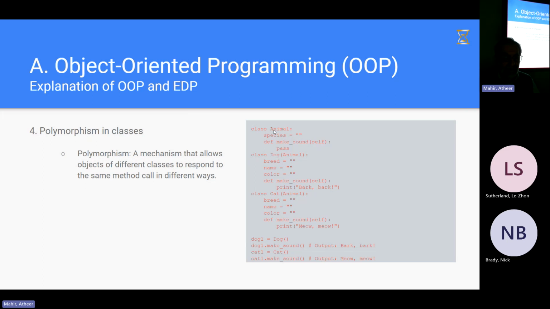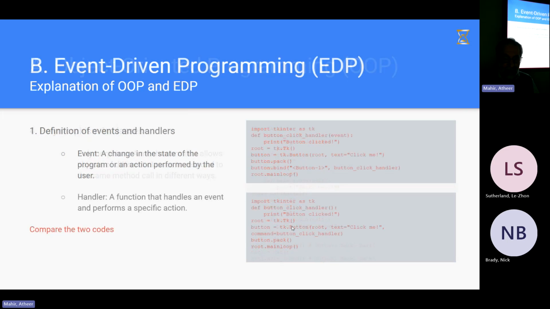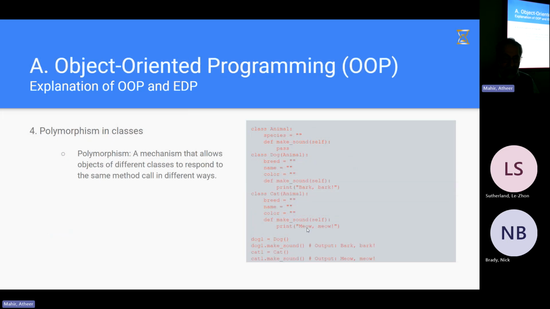I said class Animal, class Dog from Animal, and then class Cat from Animal, because dog and cat are animals, right? So I am using almost the same values, and when you go to the sound, it's going to be meow, meow. This is the cat one, okay?